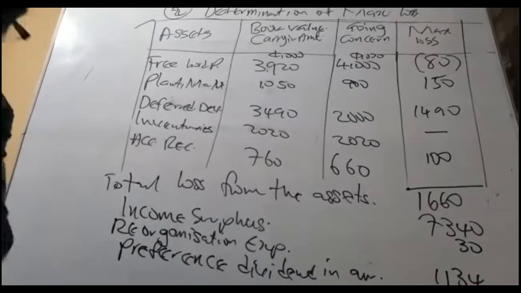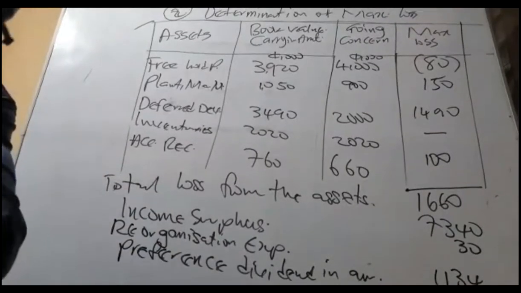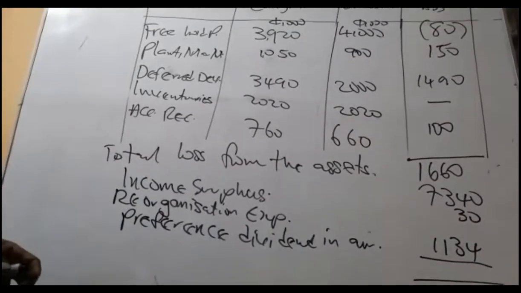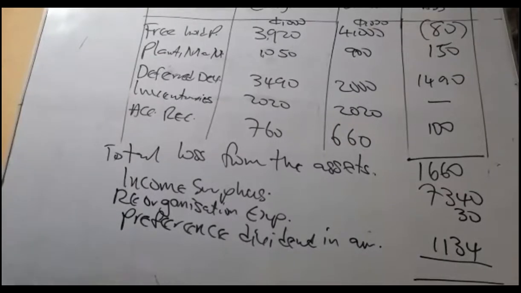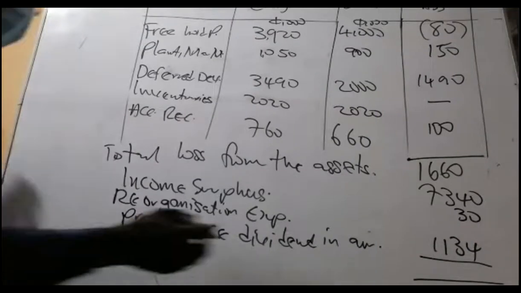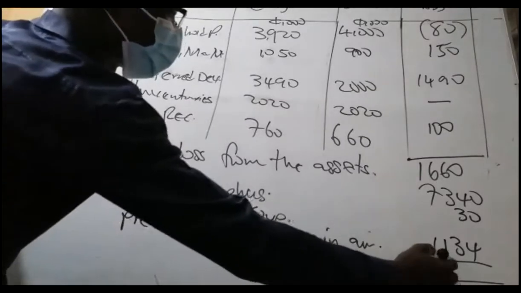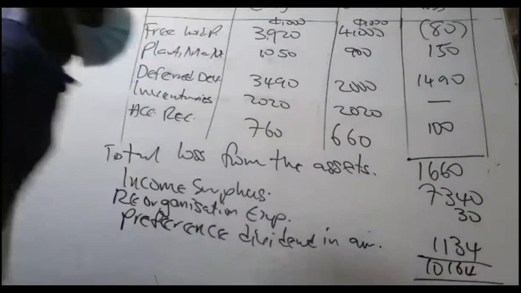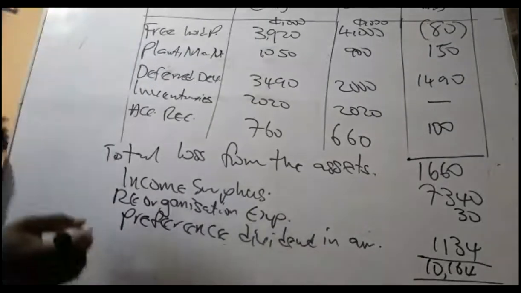Let's put all of them together to get a total maximum loss. Okay, so total maximum loss is 10,164.